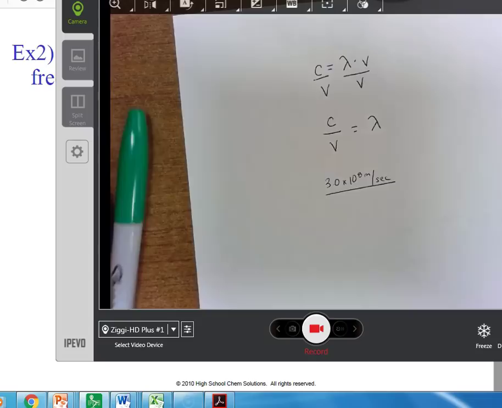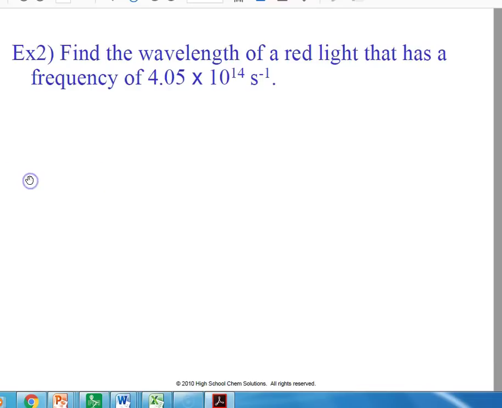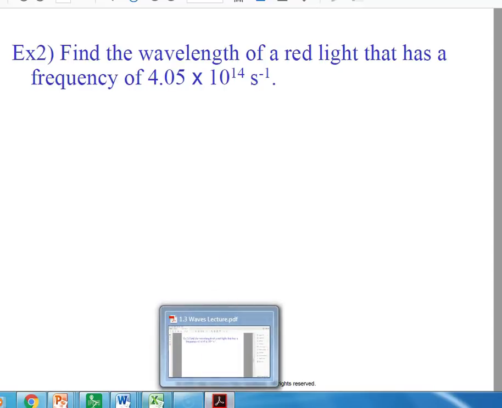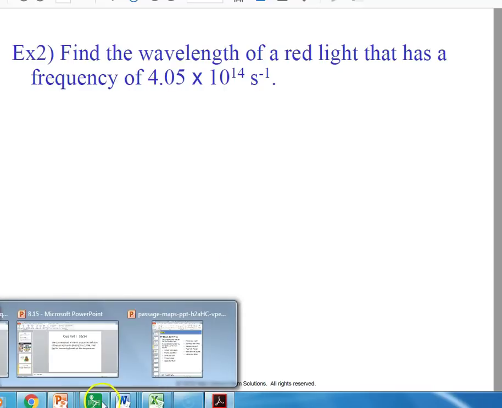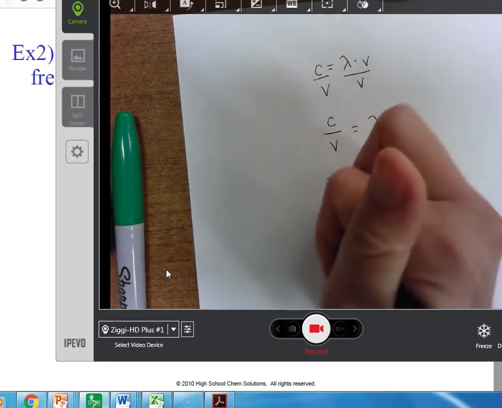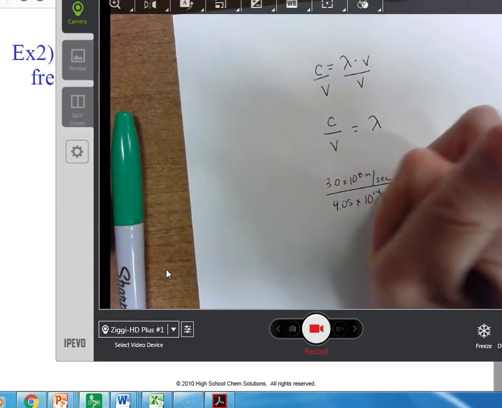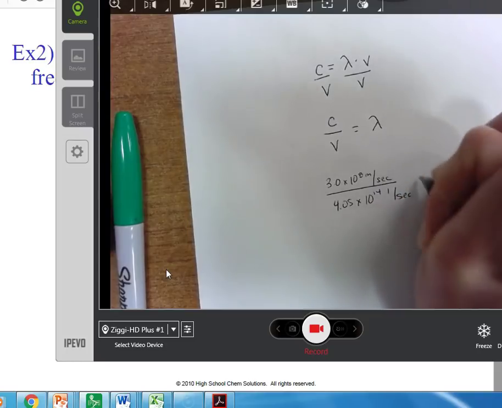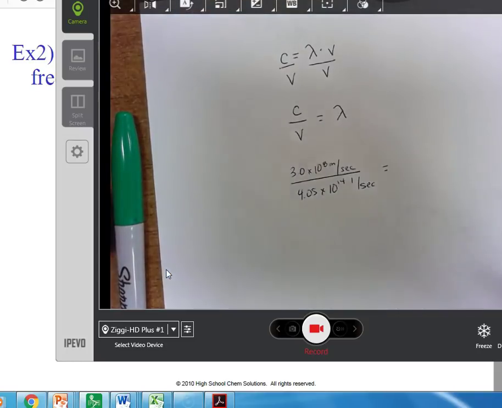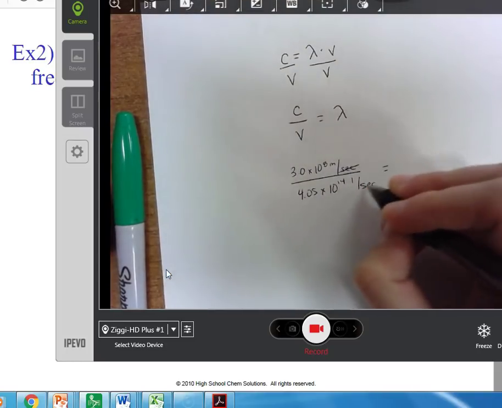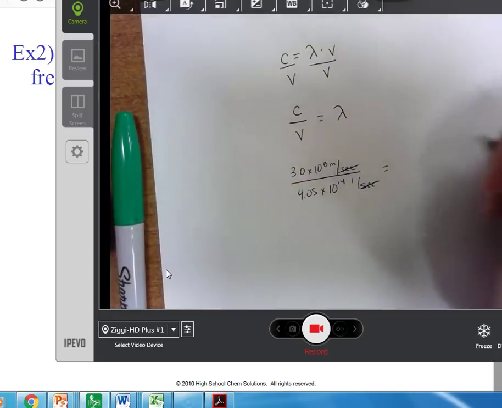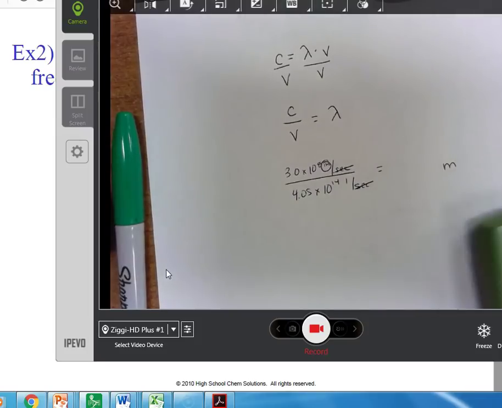And they give me the frequency: 4.05 times 10 to the 14th hertz, or seconds to the -1. 4.05 times 10 to the 14th, 1/seconds, equals. Notice your units already match because they're seconds and seconds, and so what we're going to have left is meters for our answer.